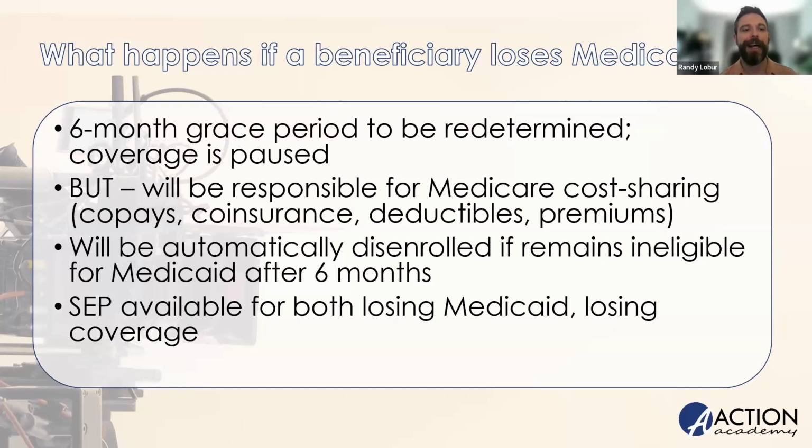Because during that grace period they're fully responsible for any Medicare cost sharing under parts A and B and so on and so forth, it might be a good idea to take advantage of that SEP you get from losing Medicaid or losing MSP eligibility and find a $0 plan to put them in for a little bit. And then if they become re-eligible for Medicaid, go ahead and get them back on the DSNP at that point. Just a way you can look out for your beneficiaries.